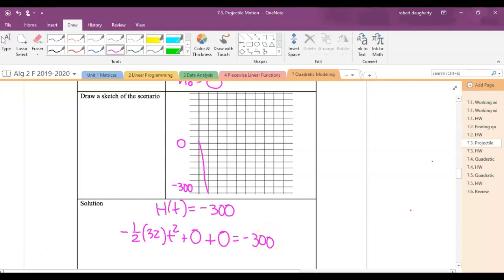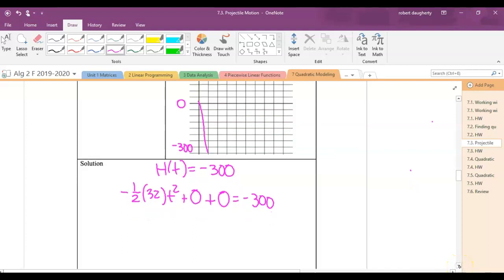So this tells me negative 16 t squared equals negative 300. I could plug this in the calculator, or this one you could do on your own. This tells me that t squared is equal to 300 over 16.